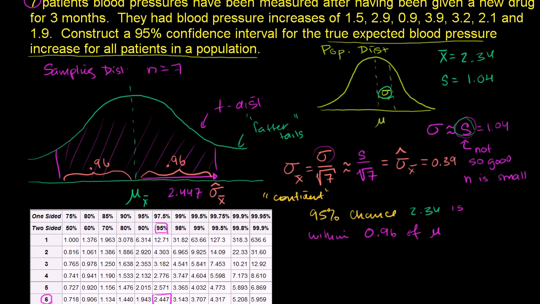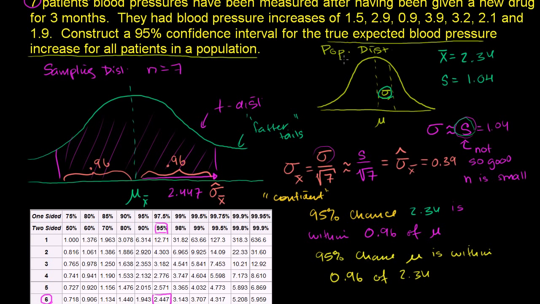Or we can rearrange the sentence and say that there is a 95% chance that the true mean, which is the same thing as the sampling distribution mean, is within 0.96 of our sample mean of 2.34.